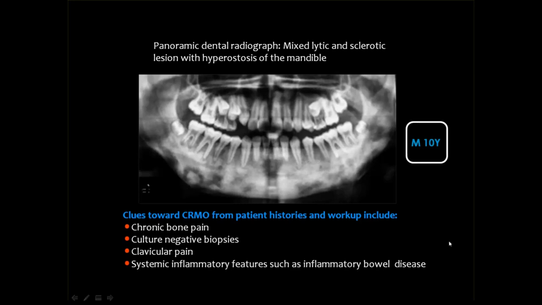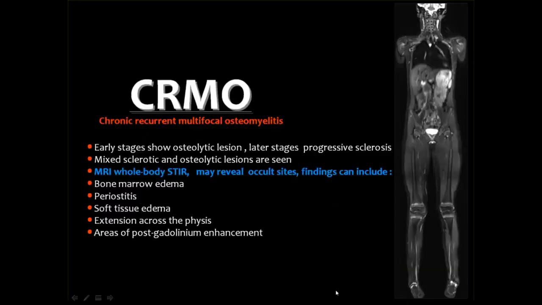in a certain patient? Number one, according to the clinical picture, if there is chronic bone pain, then if you get a biopsy and the culture is negative for any organism, if there is a particular affection of the clavicle, the presence of systemic inflammatory features like inflammatory bowel disease.